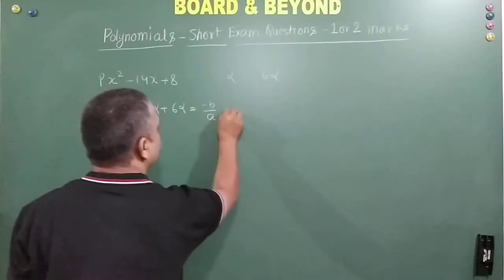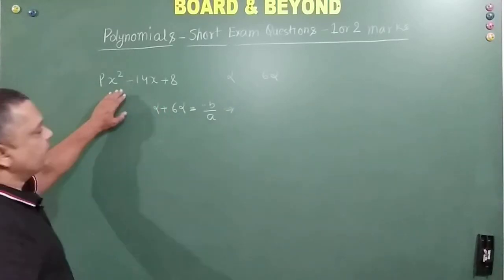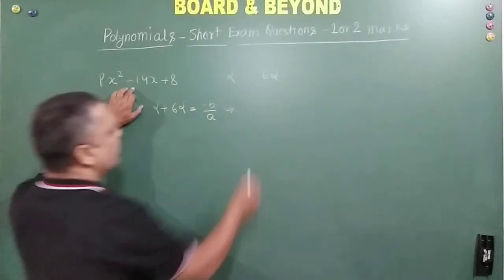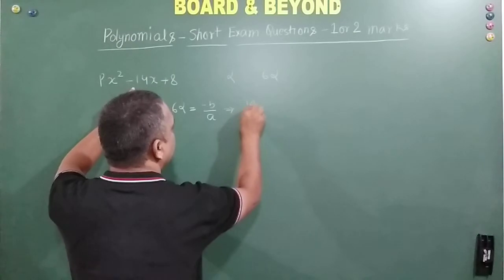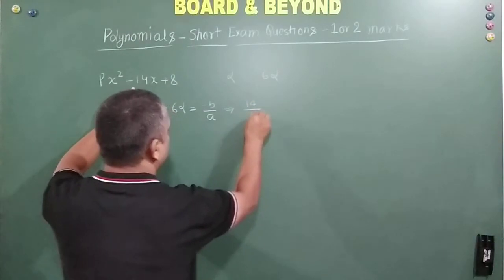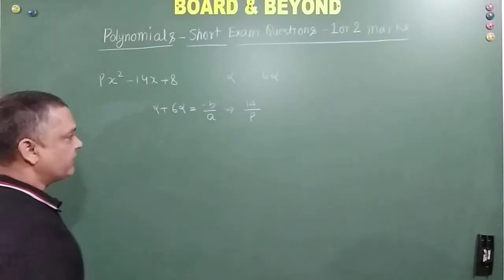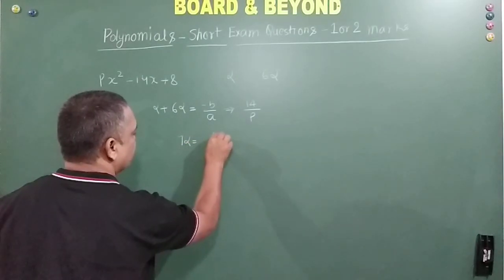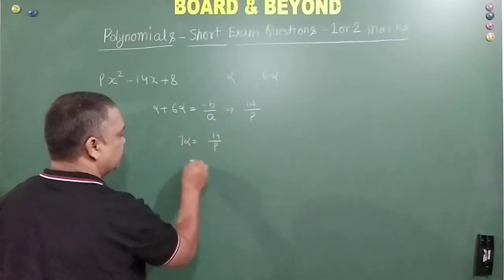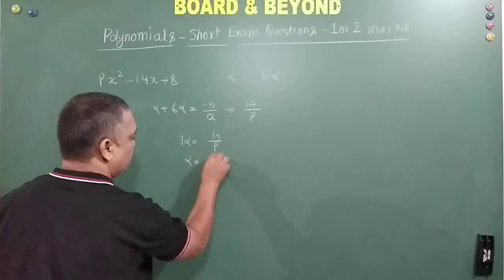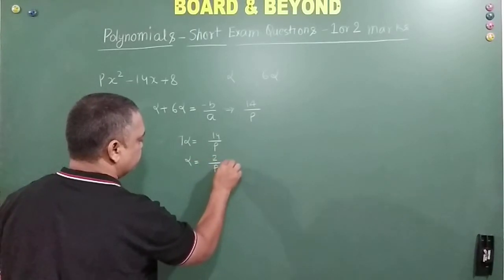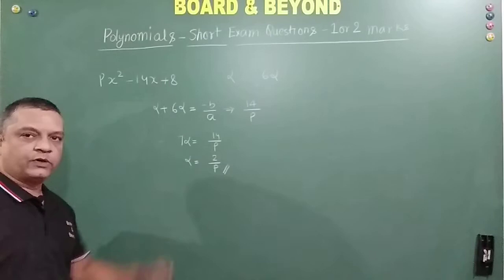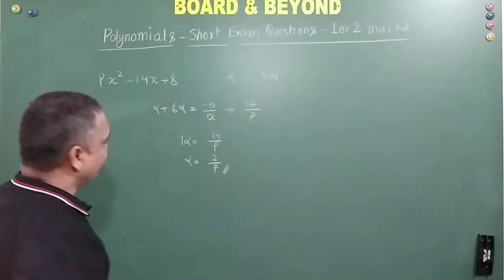And as per the quadratic polynomial which we have got, minus b by a is nothing but 14 by p, right? You're all there with me? So this becomes 7 alpha is equal to 14 by p, right? So alpha is equal to 2 by p. You are getting this? I have just simplified it.